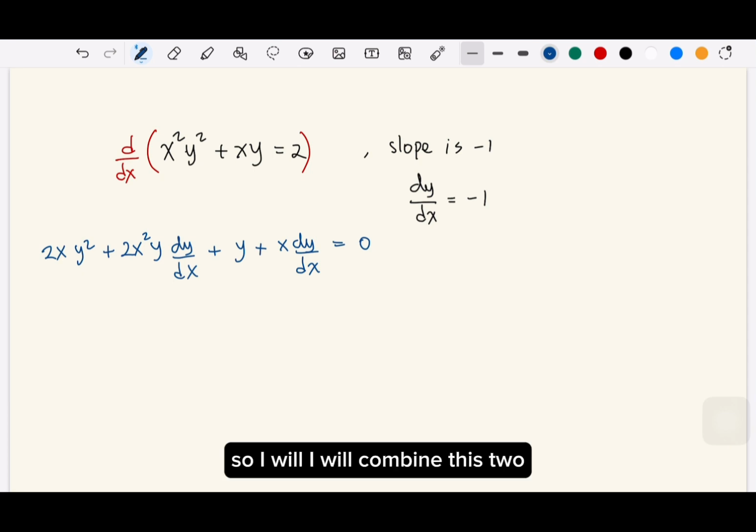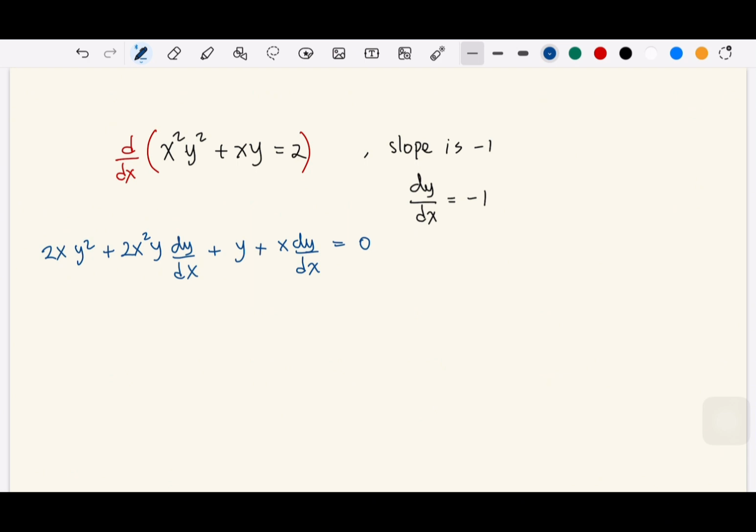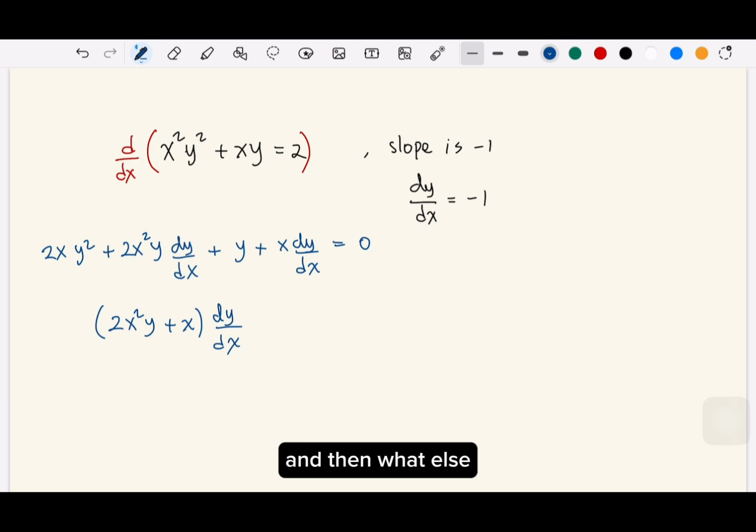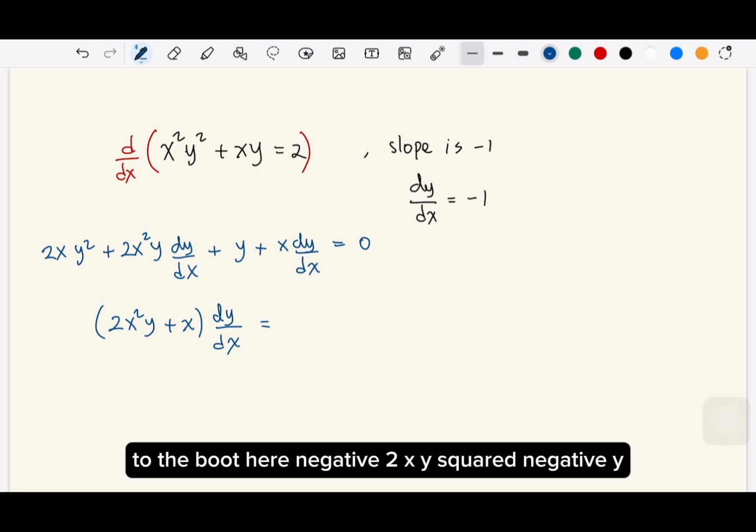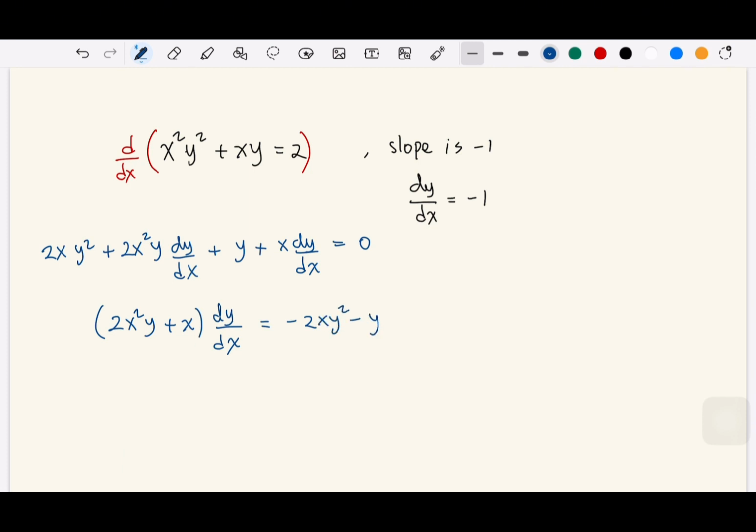So I will combine these two: 2x squared y plus x dy/dx, and then move -2xy squared minus y to the other side.